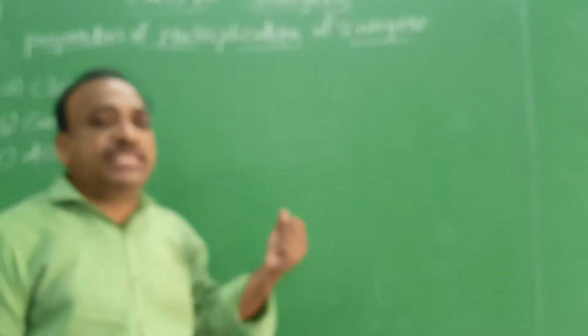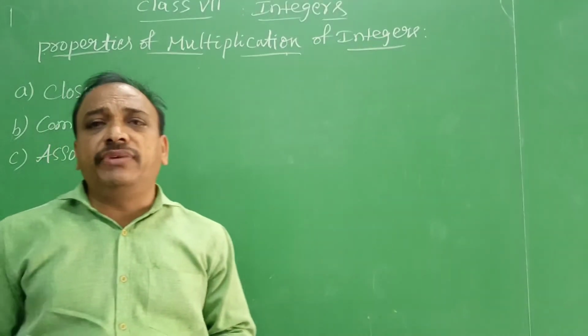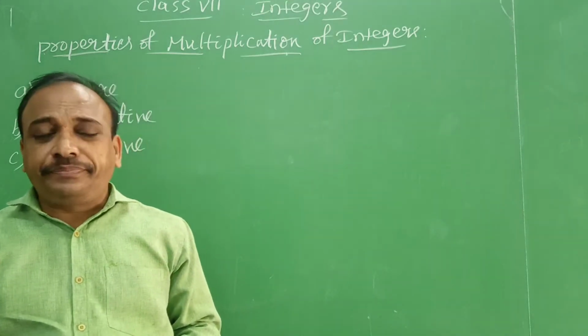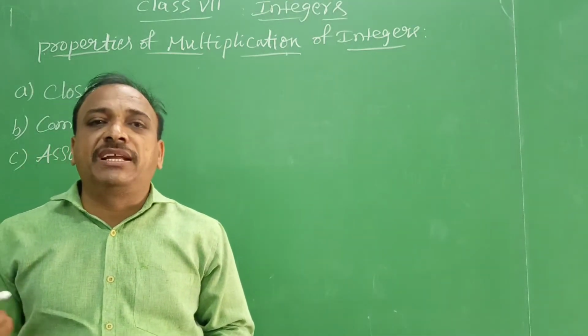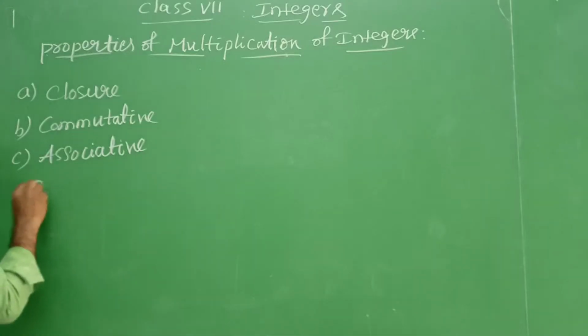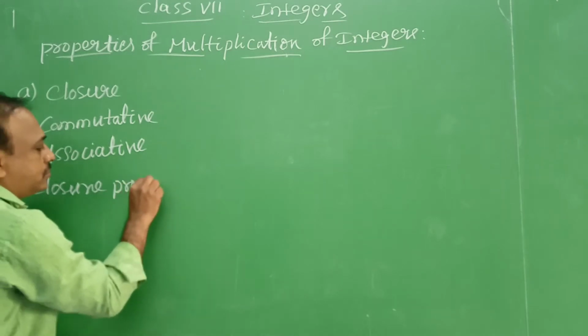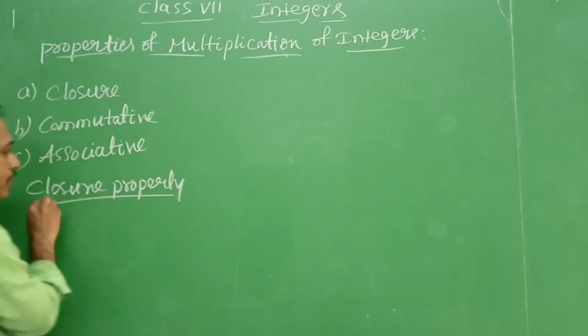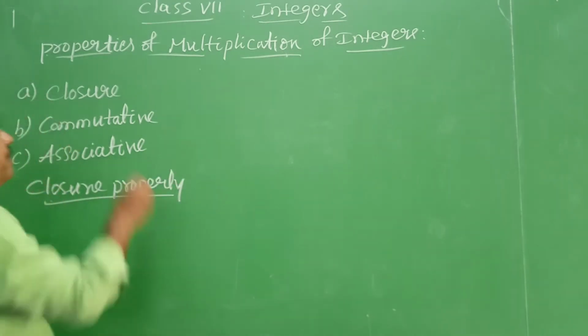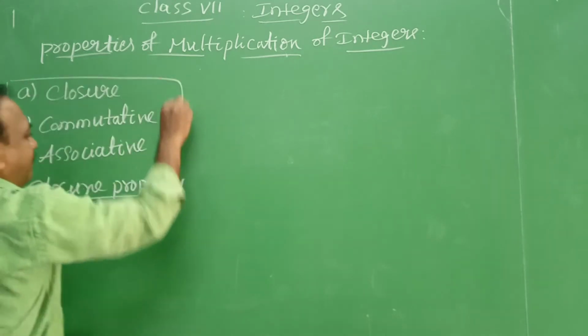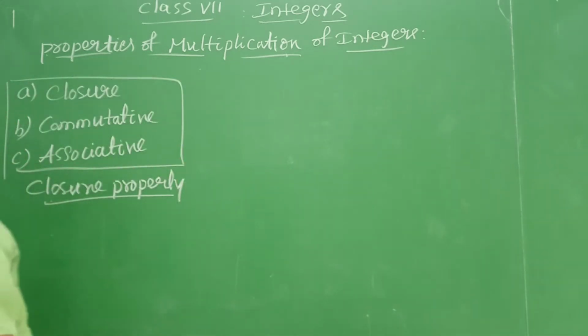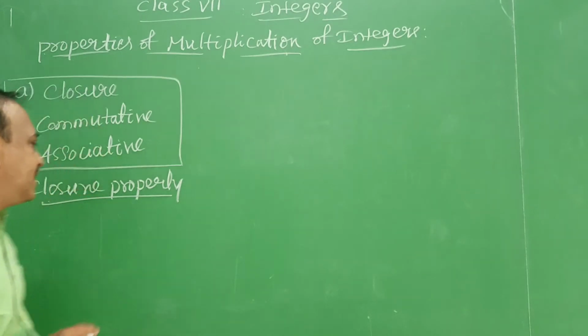Let us see what these properties are and how we are going to learn what exactly the closure property under multiplication is. The first one is the closure property. These are the three main properties which we are discussing in the multiplication of integers.